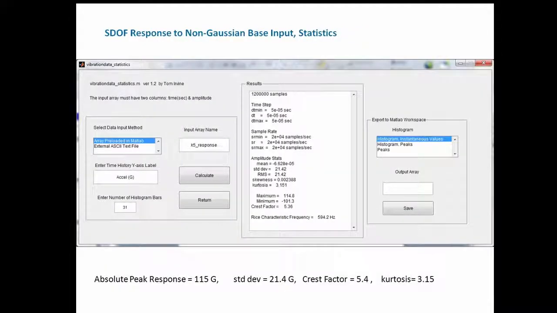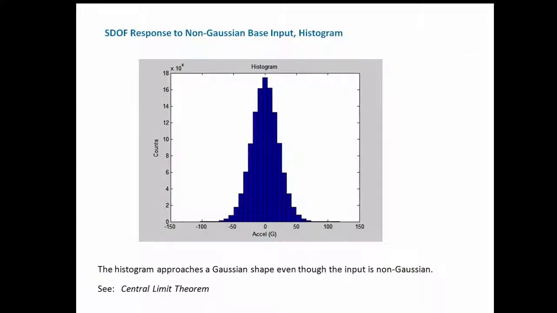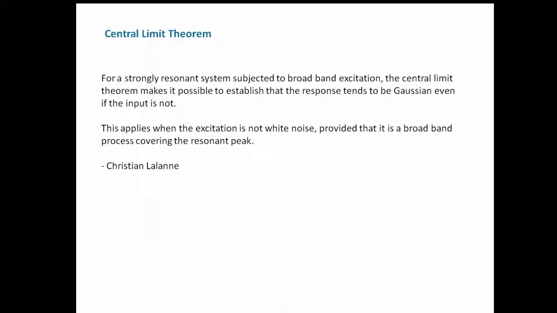We took a look at the descriptive statistics and found that the histogram was approximately a normal distribution. And there's something called the central limit theorem. So the histogram approaches a Gaussian shape even though the input is non-Gaussian. We're not going to go into all the statistical theory about the central limit theorem. I'll let you do that on your own.